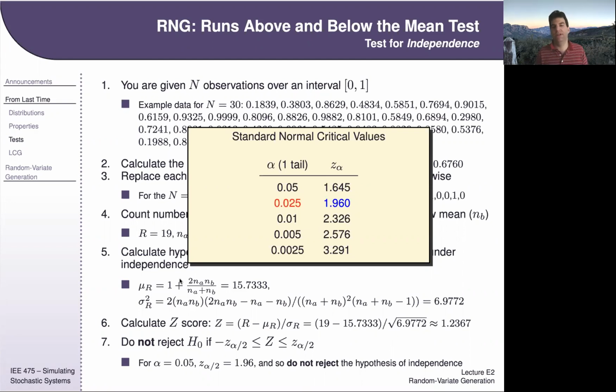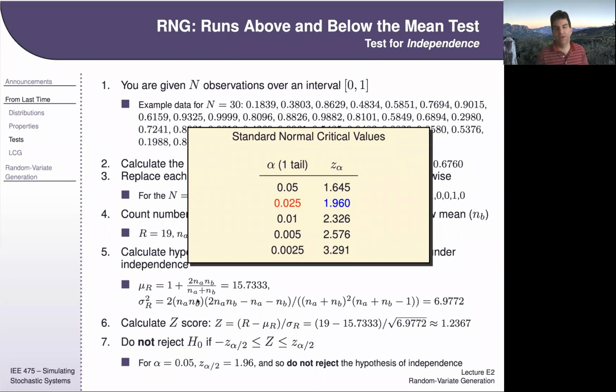And when you model how many runs you would expect to get out of that coin flip, you find that it is normally distributed, at least for a high enough number of coin flips. And the mean is this formula and the variance is this formula. Because it's kind of outside the scope of the class, I didn't go through the derivation.